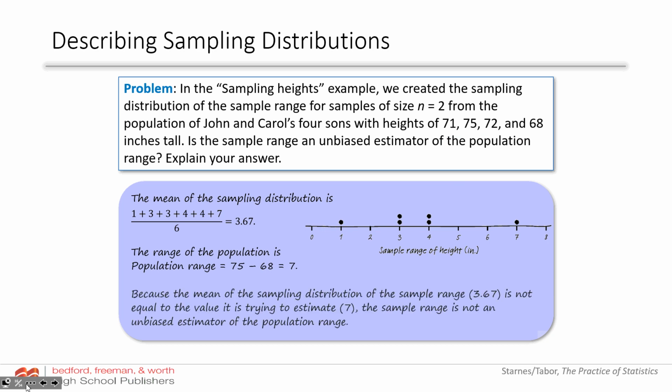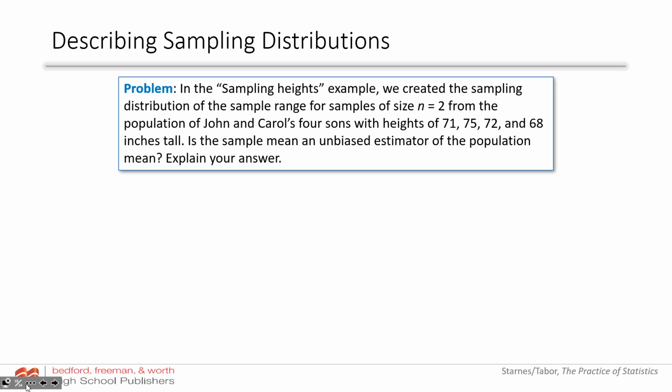Those two numbers are not equal. So therefore, the sample range is biased, or in other words, it's not an unbiased estimator. So you could say the sample range is biased, or you could say it's not an unbiased estimator of the population range.